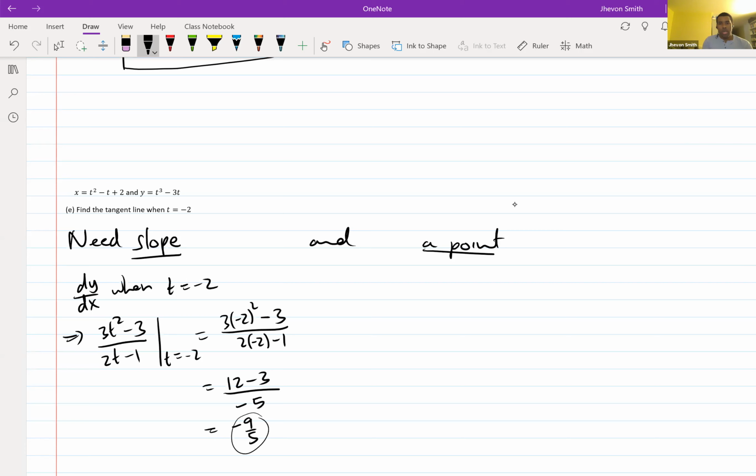Now, what is the point? When t equals -2, our x would be equal to -2 squared minus a -2 plus 2. That is going to be 4 plus 2 plus 2, 8. Our y would be -2 cubed minus 3 times -2.